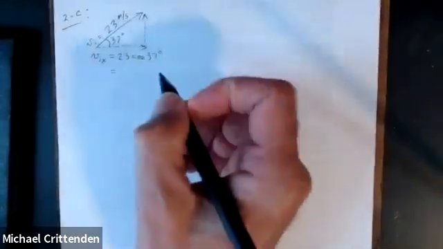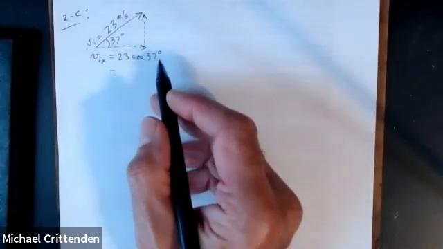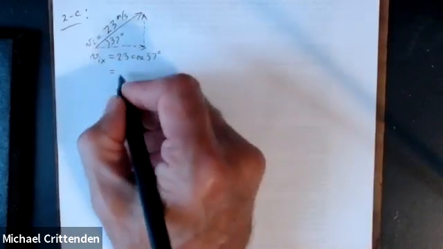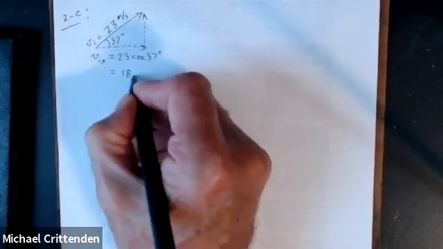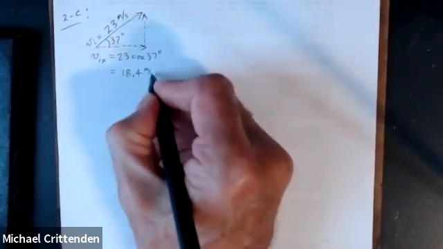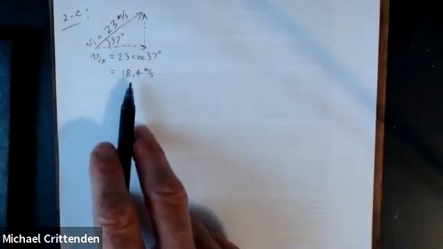You punch that up. Again, as I think I mentioned before, be sure your calculator is in degree mode, otherwise you're going to get something completely different. 18.4 meters per second. So at the moment the ball is thrown, that's how fast the shadow on the floor would be moving.